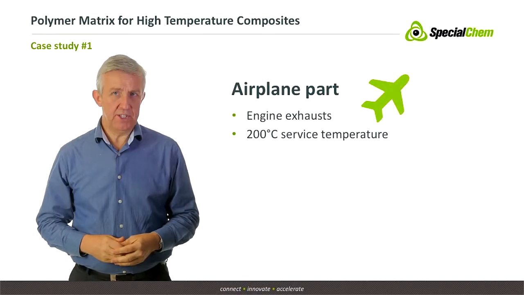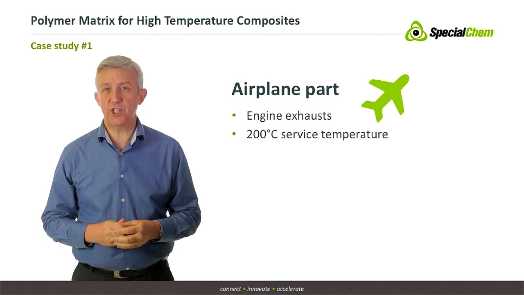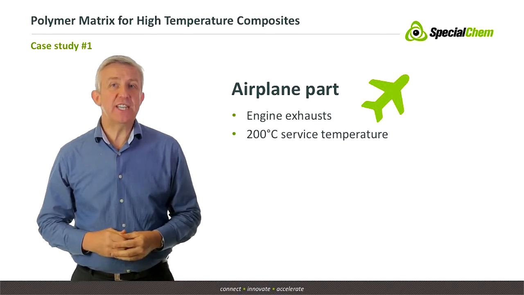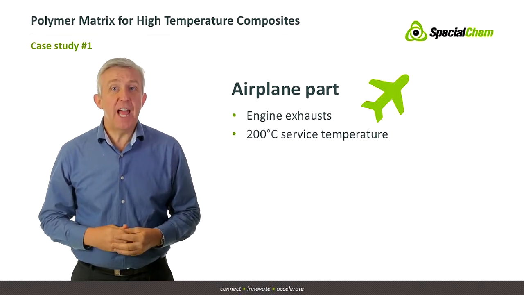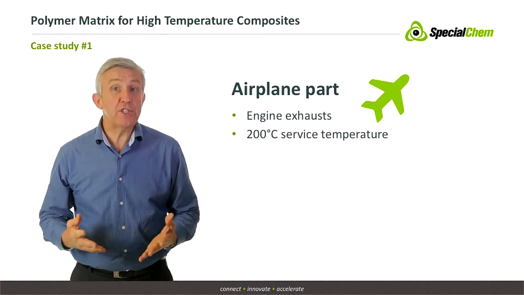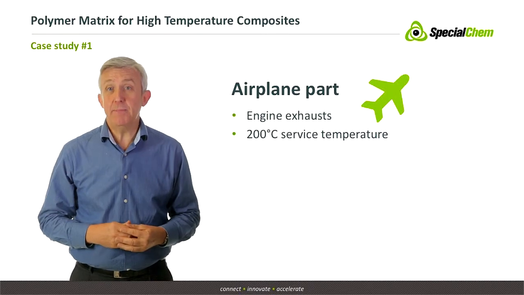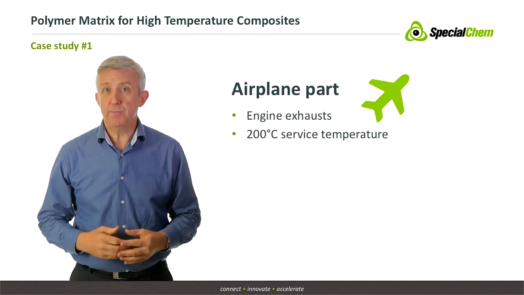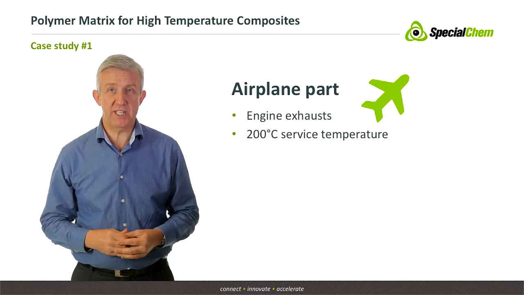The first example that is focused on choosing the right matrix material in your high temperature composite is based on the needed surface temperature for your product. It involves an airplane part that experiences engine exhaust. There were two choices for the matrix material: epoxies and bismaleimides. The original part design used an epoxy as the matrix material in the composite.